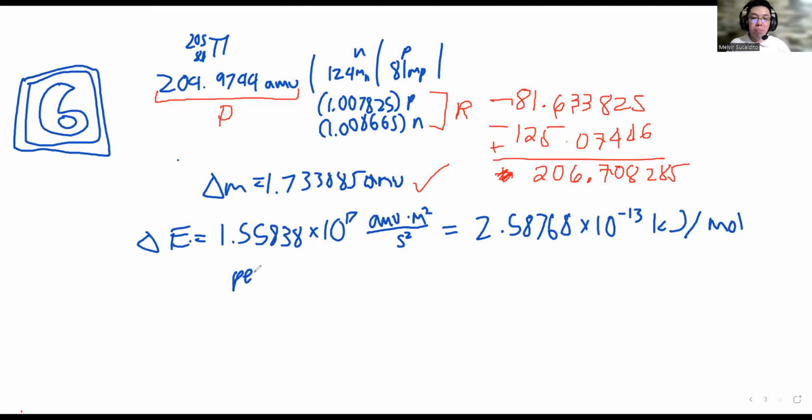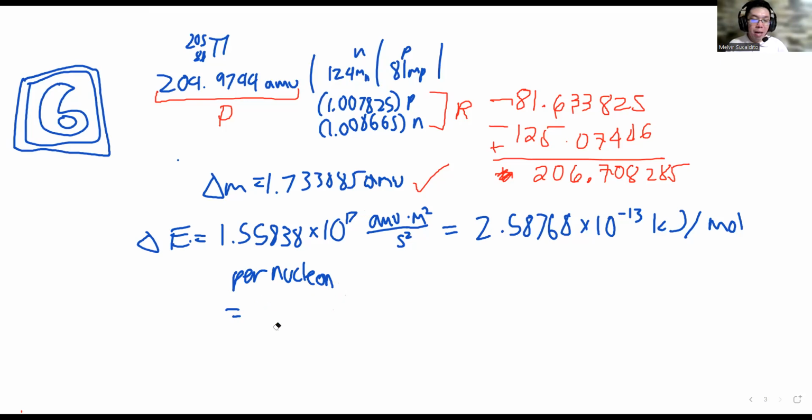This 2.58768 times 10 to the negative 3 kJ per mole. Ito yung NBE. Okay. Nuclear binding energy.